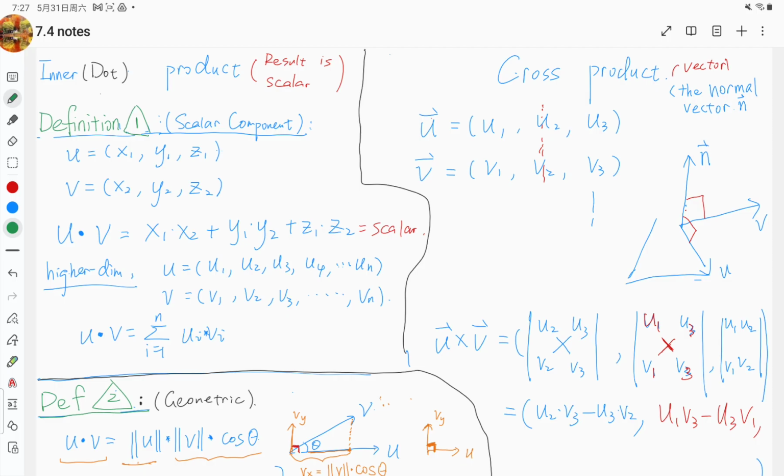At a higher level overview, the result of a cross product is a vector, and specifically a vector that is orthogonal, meaning 90 degrees, to both u and v, right? If you missed the class, just see what we drew last time. So if u and v span a flat 2D surface, then the normal vector, by definition, is a vector that is orthogonal to both u and v, right?